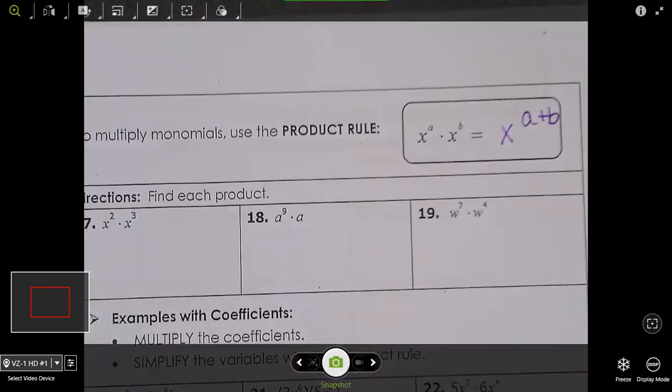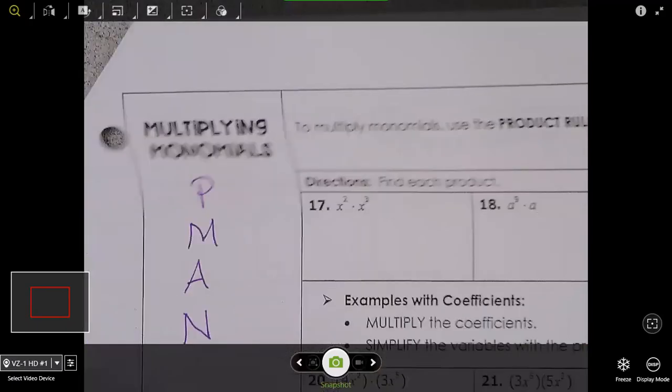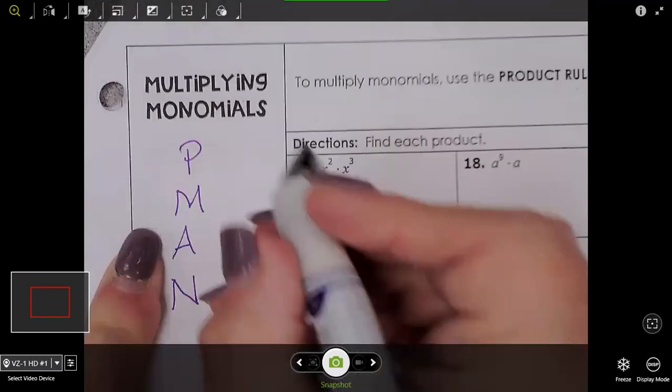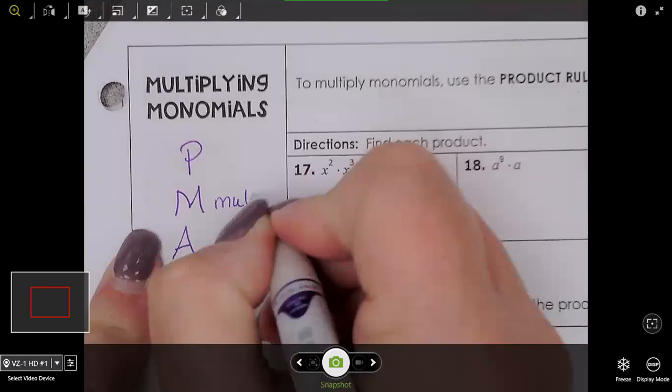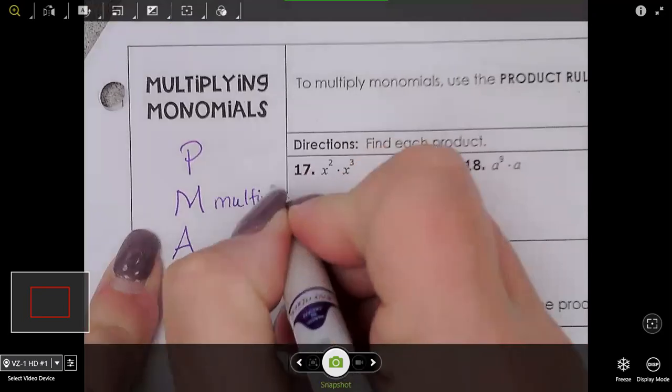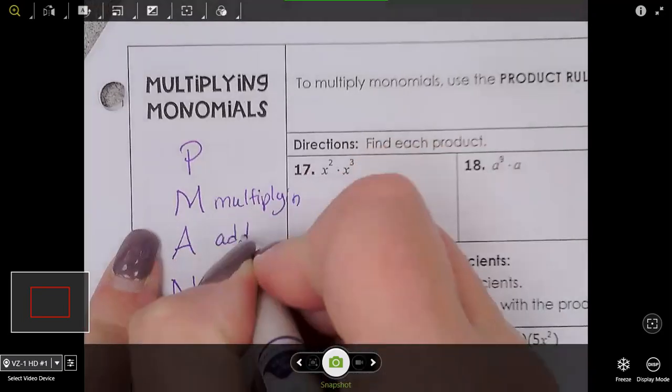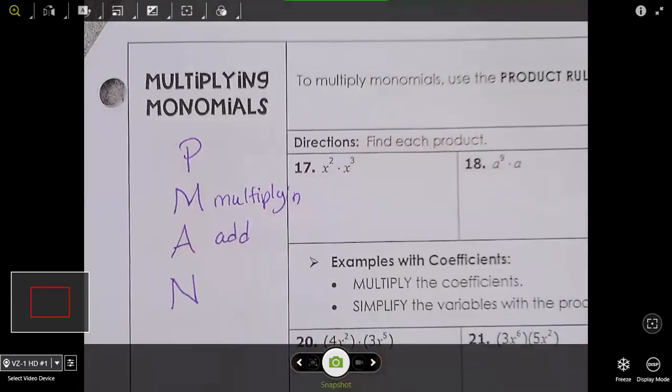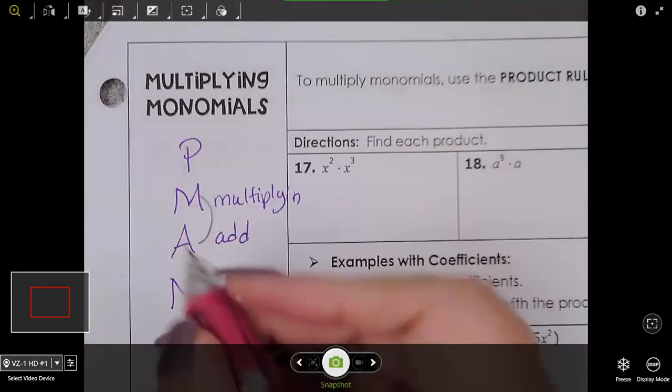Because of P-man, I know that when I'm multiplying, I'm going to go down a rung on the ladder and I'm going to add my exponents.